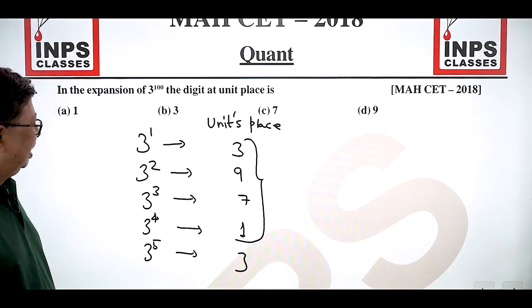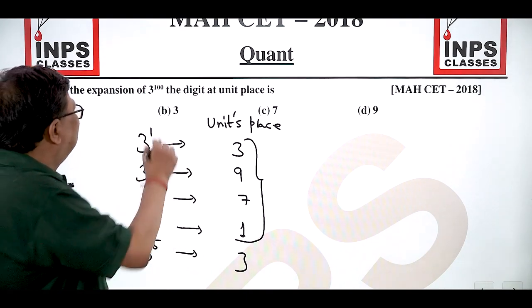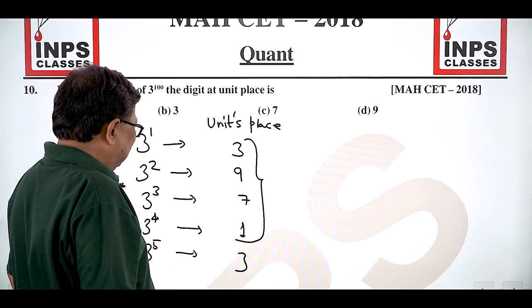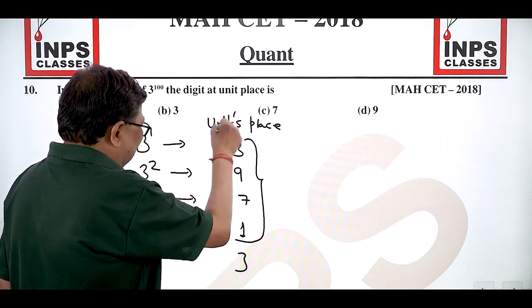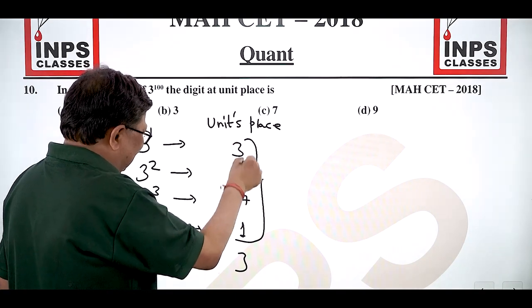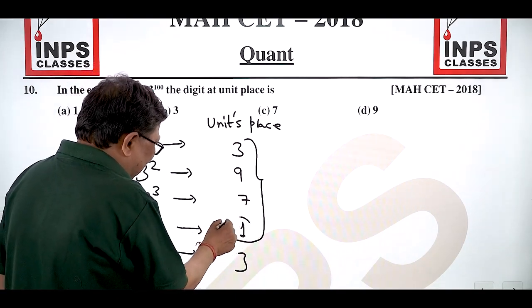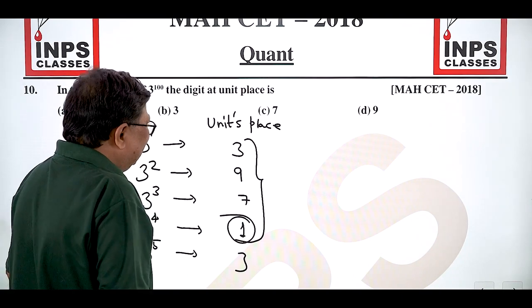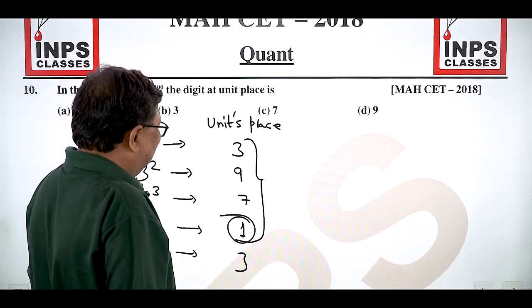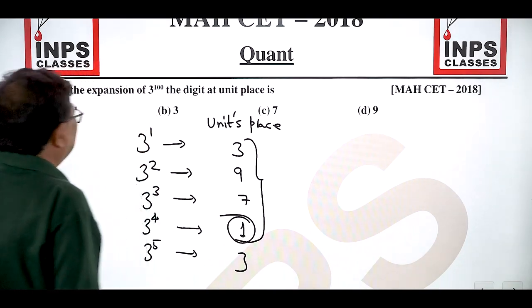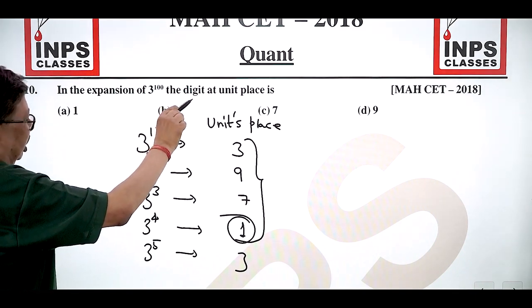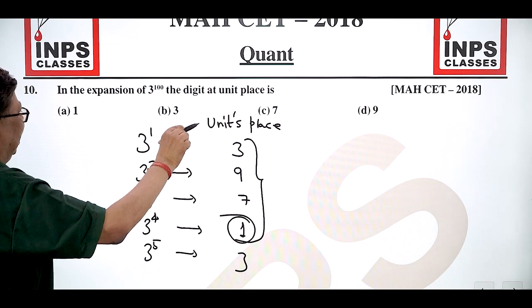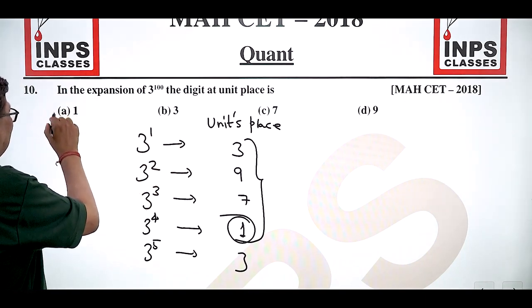Now, 3 raised to 100 means this will be repeated 4 into 25 times. So, finally, the digit at the units place will come to be 1. So, in the expansion of 3 raised to 100, the digit at the units place would be 1, A.